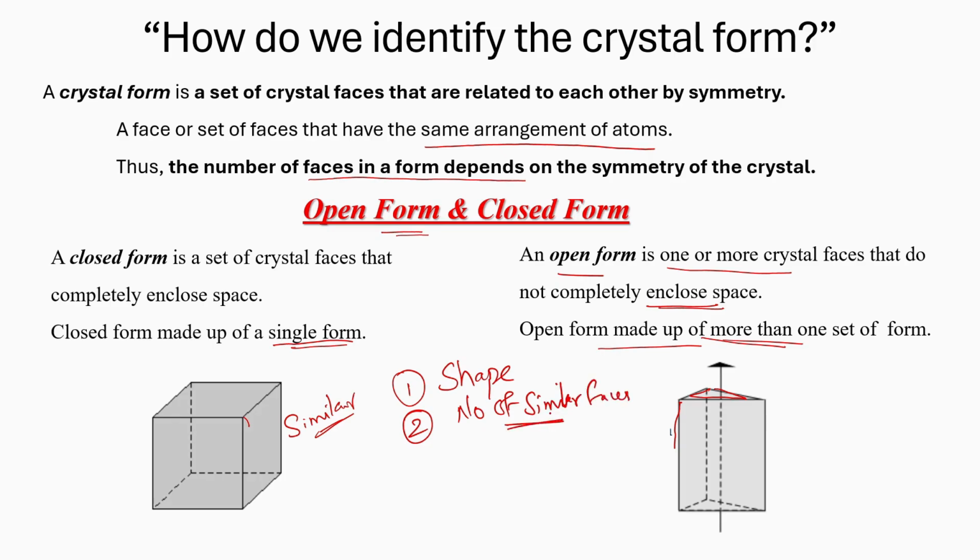The number of similar faces helps to identify the form, and we can do this with symmetry: what symmetry exists in relation to that particular set of similar faces. And fourth, we can also use the angles of similar sets of faces, which helps in recognizing different forms. We will see different types of forms in the continuation of this video.